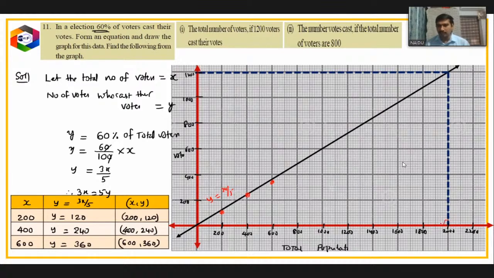That means if the voters who cast their vote are 1200, then the total voters will be 2000. I think it is clear for you from the graph. Likewise we can calculate different values.